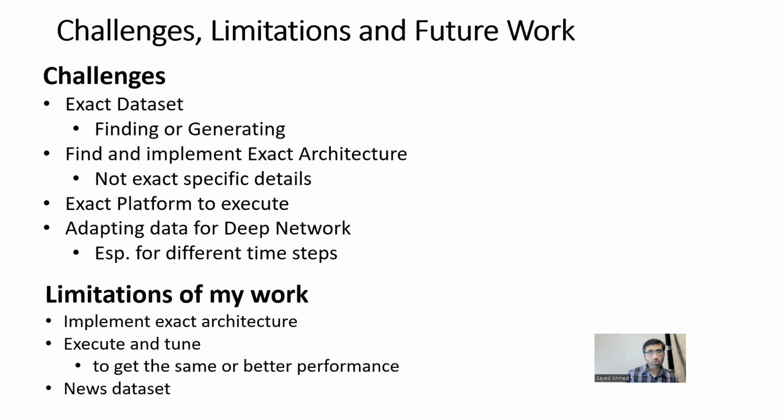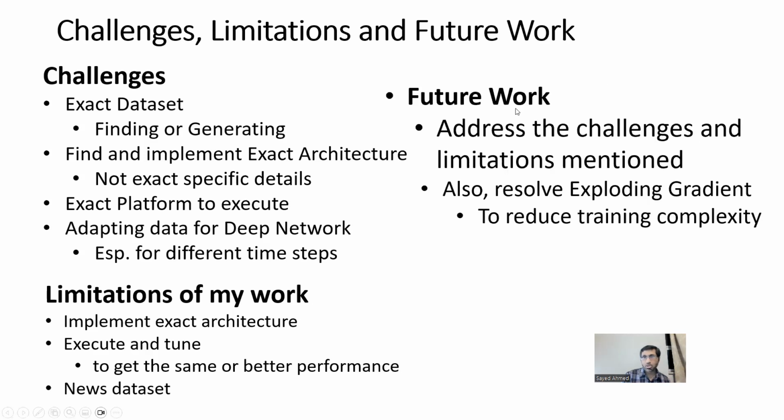Again, parameter optimization, fine hyperparameter optimization, and then making the architecture a little bit closer could make things better for sure. And my news data set is only 15,000 articles, and they used 1 million articles.